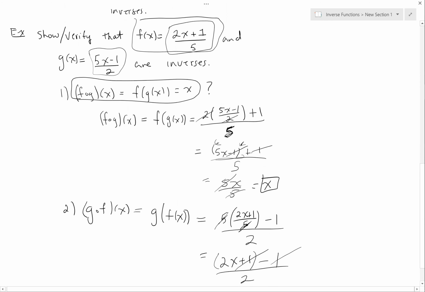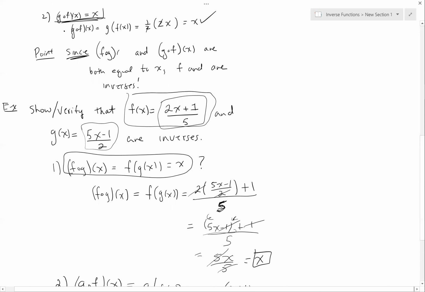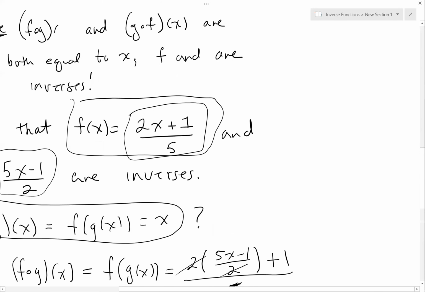So, yeah, the intuition here is that if you're looking at f, what does f do? It multiplies something by 2. Whatever this something is what you're plugging in. So you multiply it by 2, you add 1 to it, and then you divide the whole thing by 5. How do you unravel that? How do you get the x back from that expression? Well, first you get rid of the 5 in the denominator. You have to multiply by 5.